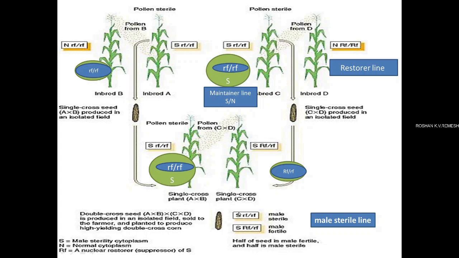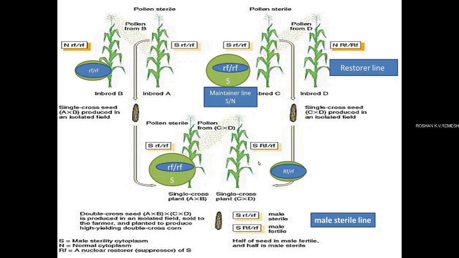All of its cytoplasmic content is sterile, and half of its genetic constitution is heterozygous RF, and the remaining half has rf and rf. So this is a male sterile plant, and this is a male fertile plant. That means in this way half of the seeds are fertile and the remaining half of the seeds are sterile.